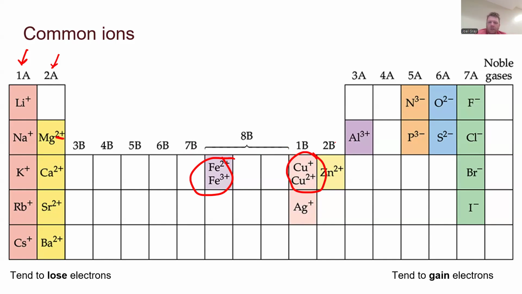The numbers of ions and the differences of ions is definitely not as apparent. Whereas groups 5, 6, and 7 like to gain 3, 2, and 1 electron, respectively. So those are our common ions that you should expect to see or be familiar with.